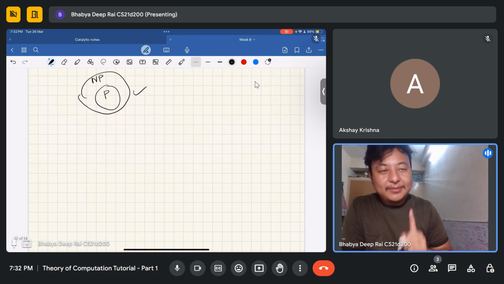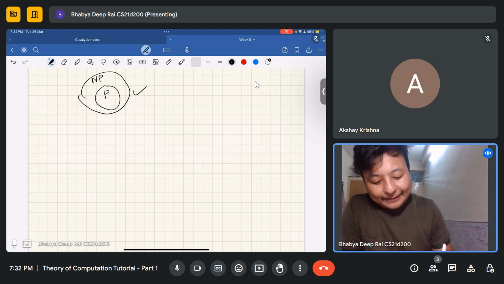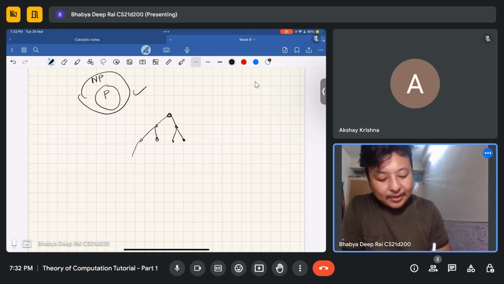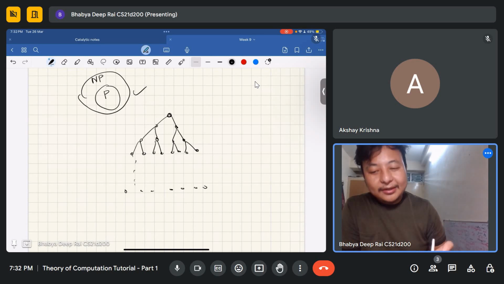I think it is mentioned in the lectures, but I'll go back. How does an NP language look? How does a non-deterministic machine work? There are two ways to interpret it. One way to interpret it would be like this.